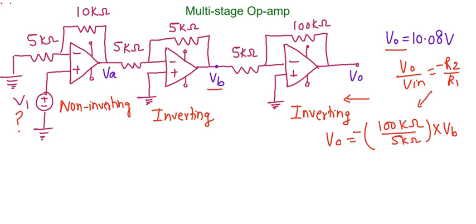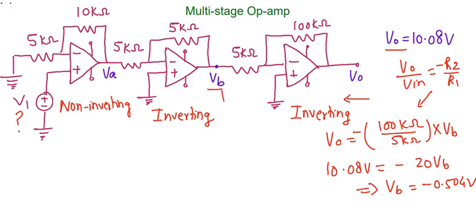So from here we can calculate this value. Since we know V0 as 10.08 volts, this should equal minus 20 times VB. So from here we can calculate that the VB value will be equal to minus 0.504 volts.